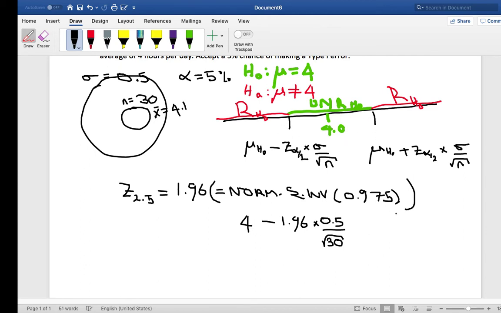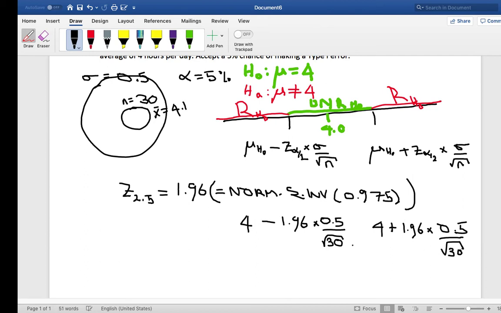For the upper critical value over here, we're going to do exactly the same thing, except there's going to be a plus in it. So it's just going to be 4 plus 1.96 times 0.5 over the square root of 30.